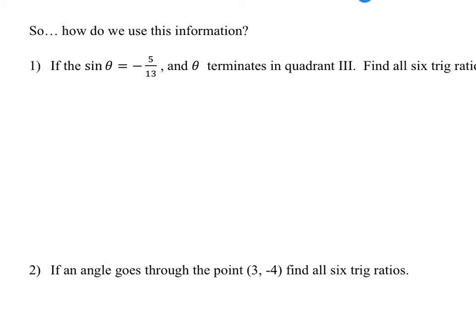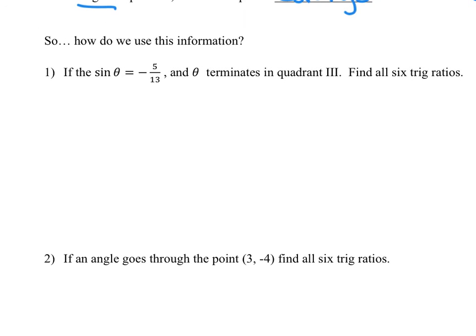The first way we're going to do it is finding the 6 trig ratios, but we're going to be given a quadrant and some other information. So if I am in quadrant 3, if we remember our little mnemonic, all students take calculus, we know that in quadrant 3, right here, only tangent is positive.